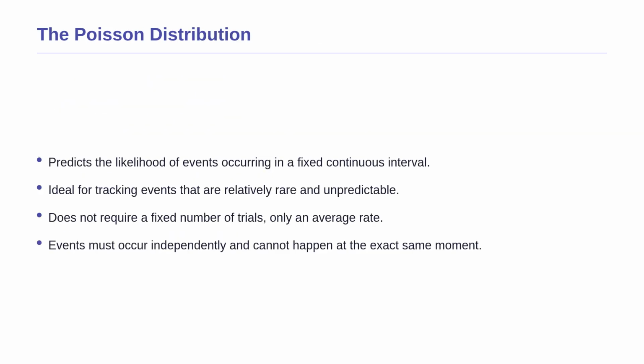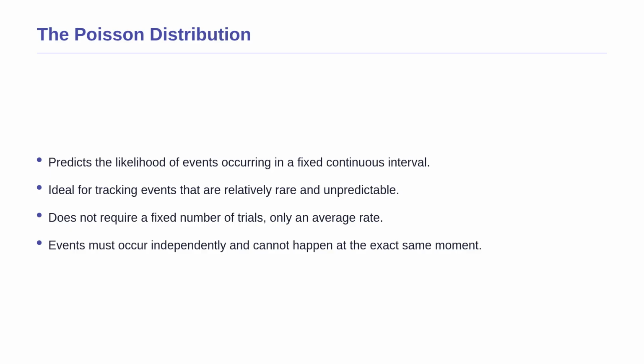Having mastered counting binary successes, let us shift our focus to a different kind of counting problem. Imagine counting shooting stars or rare genetic mutations. Here, you do not have a fixed number of trials. Instead, you're looking at events that happen randomly over a continuous stretch of time, space, or volume.